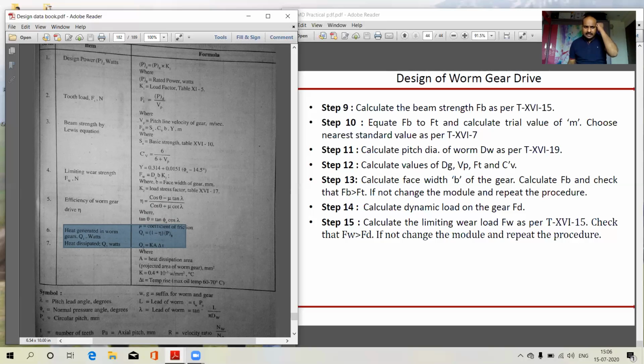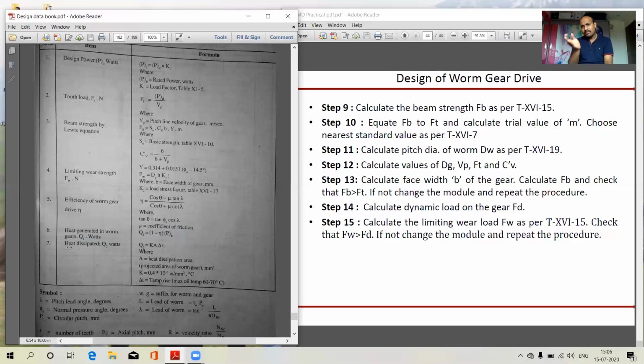Similarly, heat dissipated can also be calculated. The formula is given below. Now you must equate the heat generated and heat dissipated, from which you will get the delta T, that is the temperature difference. Once you get the temperature difference, it should not be more than 70 degrees.